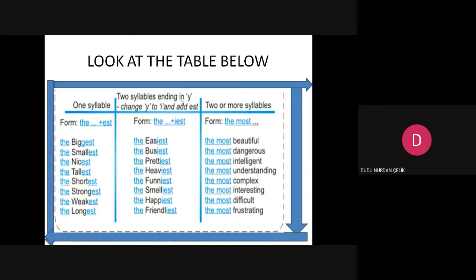Remember, we told more in comparative form, and now for the superlative form, we say the most. It's similar. The most beautiful, the most dangerous, the most intelligent, the most understanding, the most complex, the most interesting, the most difficult, the most frustrating.